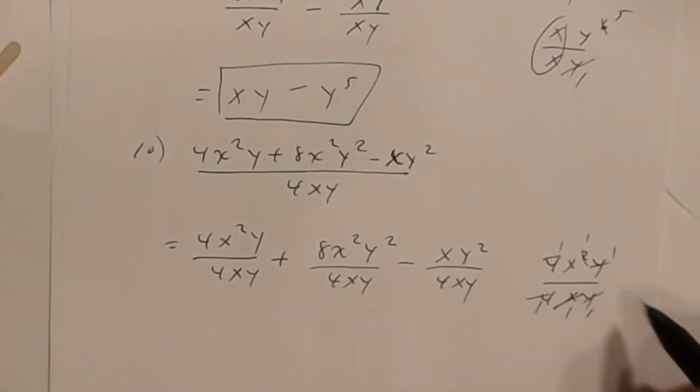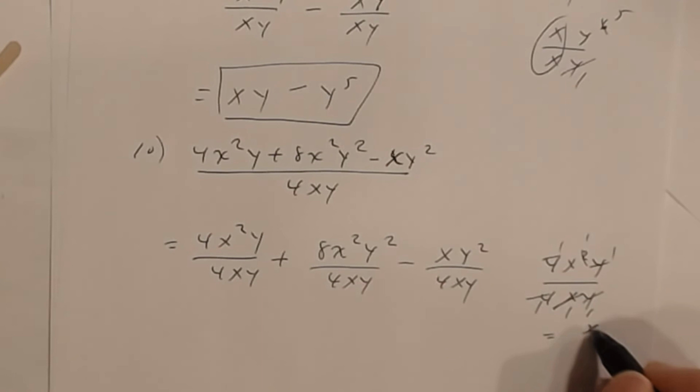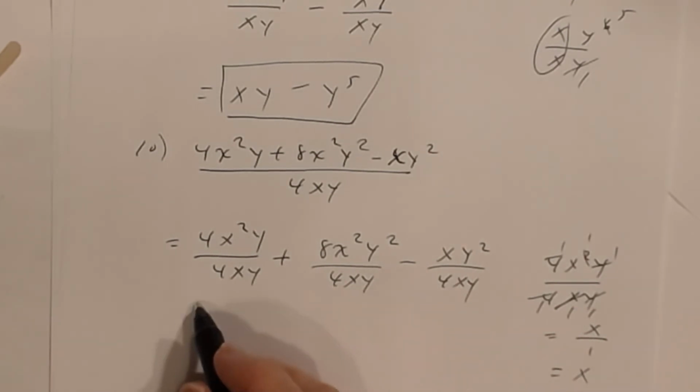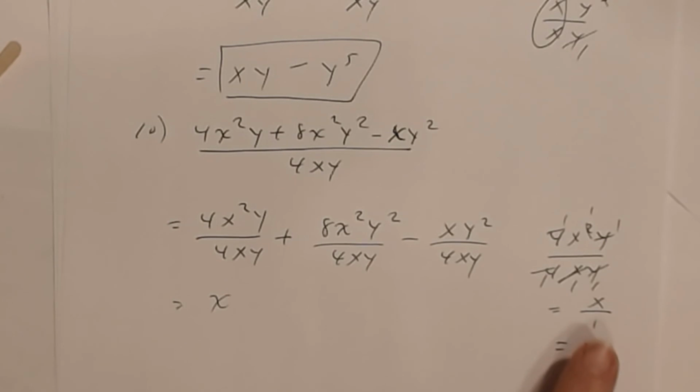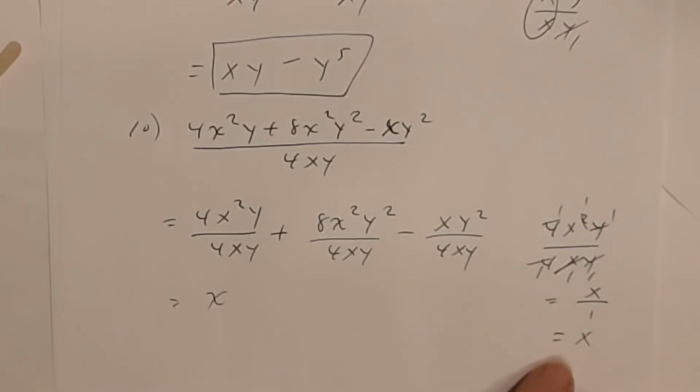The y's divide out. And you get 1 times x times 1, which is x, divided by 1 times 1 times 1, which is 1, and x divided by 1 is just x. So that goes here. So this is just x. Notice what I did. If you have to write it over and then think about it, then do that.